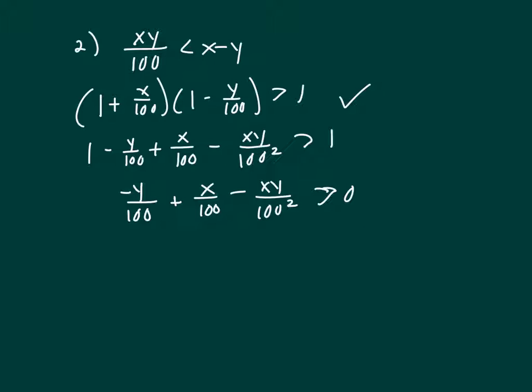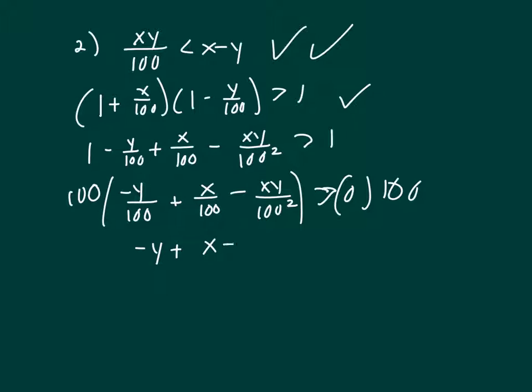I want to make sure I end up with an XY over 100. So let's multiply everything on both sides by 100. And when I do that, I'm left with negative Y plus X minus XY over 100 is greater than 0.